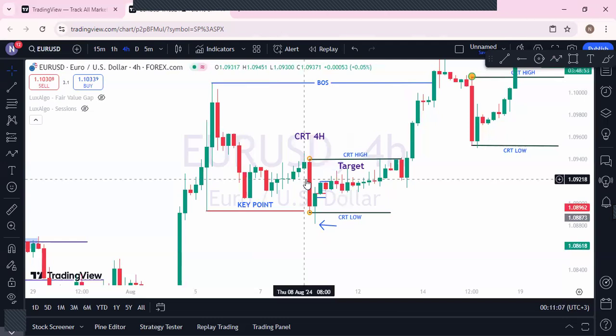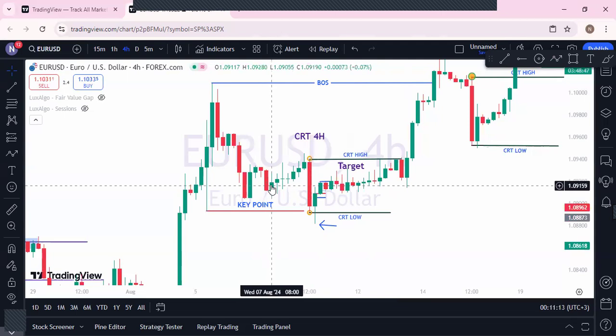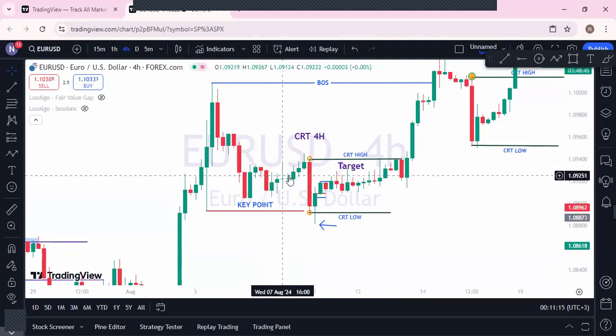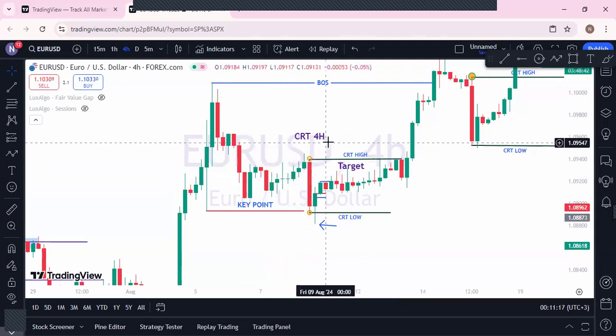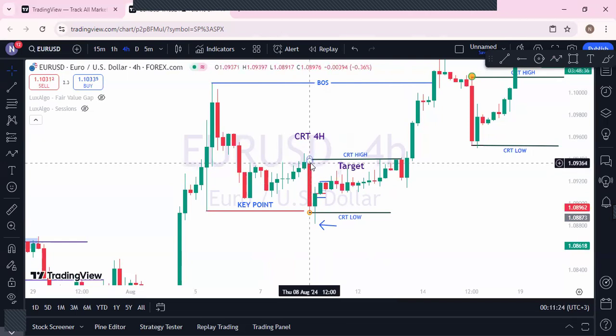But now, what we need to know is that the trend of the market is in an uptrend. And at this point, buyers were taking control step by step, trying to push the price up. Then all of a sudden, a very strong candlestick with high momentum started forming.